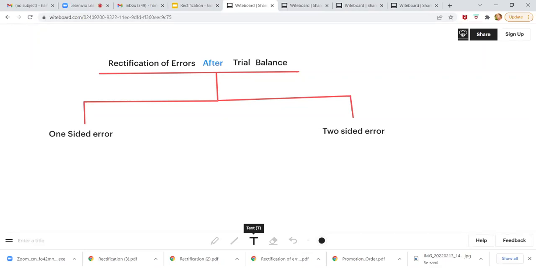So first, let's talk about the case of errors not affecting the trial balance, or we can say two-sided errors, when the trial balance will match.